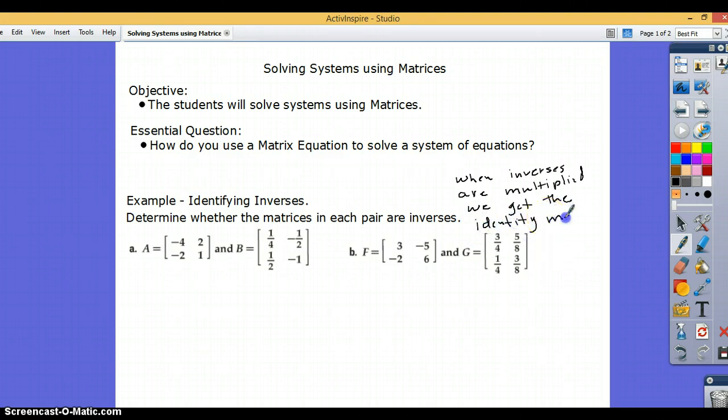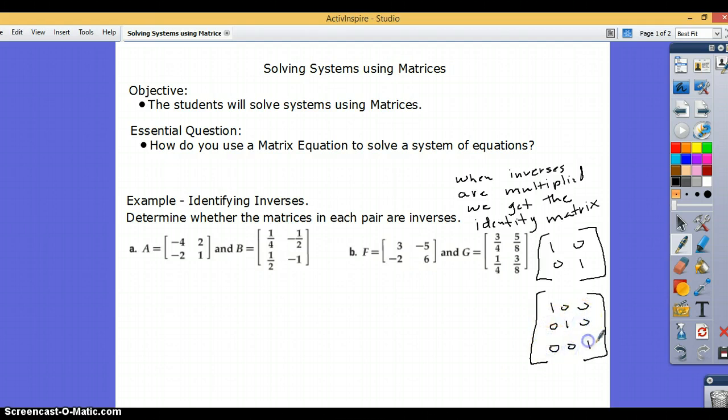We have two main identity matrices. The 2 by 2 looks like that. The 3 by 3 looks like this. So if when you multiply you get these matrices, then they're inverses.